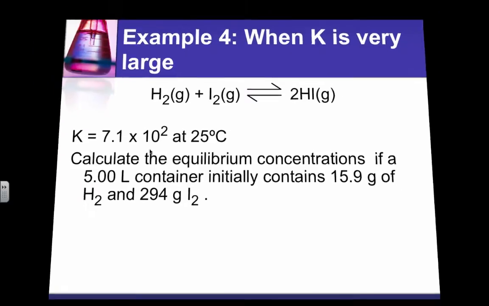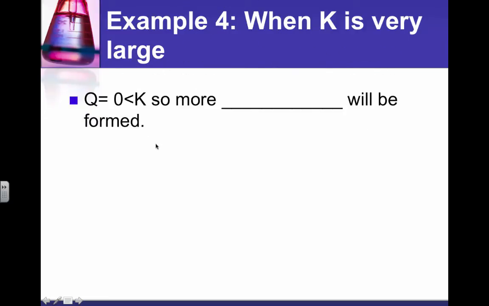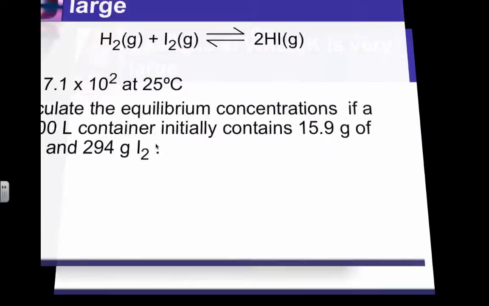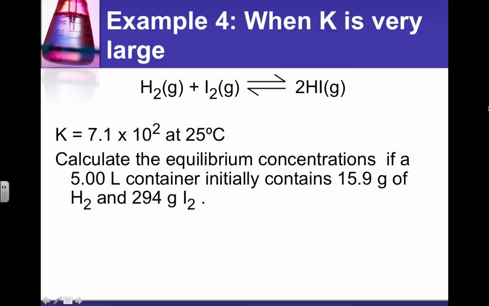First of all, let me see what I have. We're going to have to turn grams to moles. So I have 15.9 grams of hydrogen gas, and I want to turn it into a molar concentration.